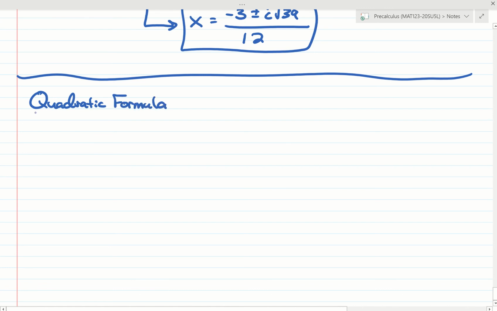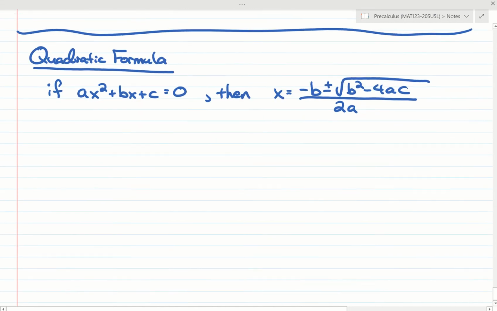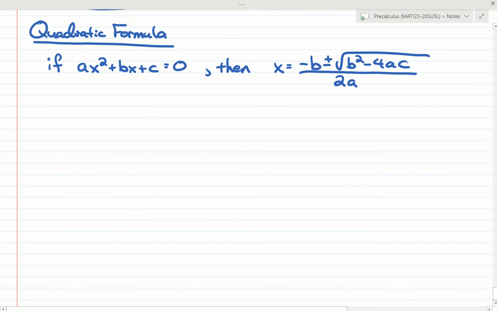It says if we have something in standard form, then the x-intercepts, or the x values that satisfy that equation, would be the opposite of b, plus or minus the square root of b squared minus 4ac, all divided by 2a. So let's see if we can figure out where that comes from.